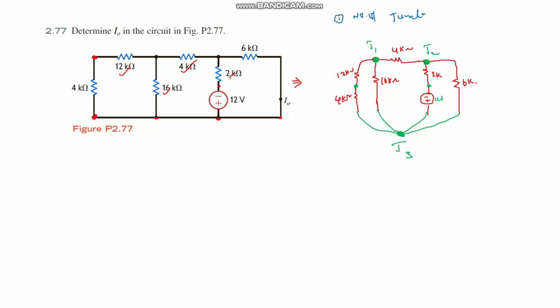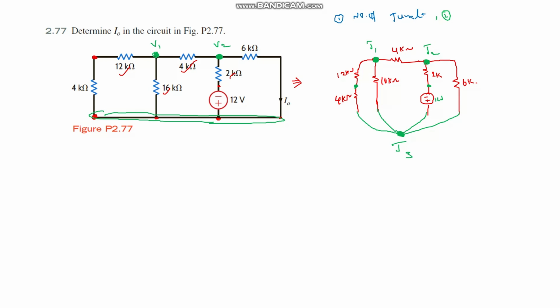Similarly, I apply this to the imaginary circuit. This is a junction, this is a junction, and one more junction here, and one more here: J1, J2, J3. This is the first step. The second step is to indicate voltages for each junction. For junction 1, I am assuming V1.